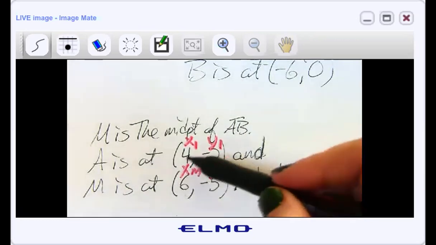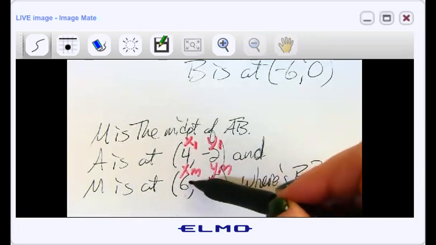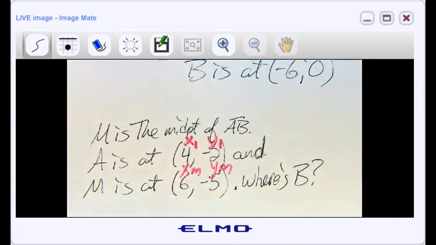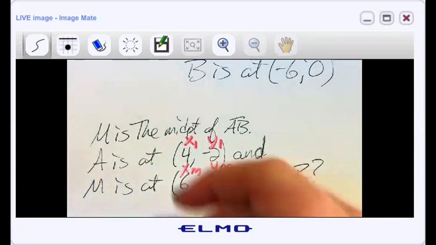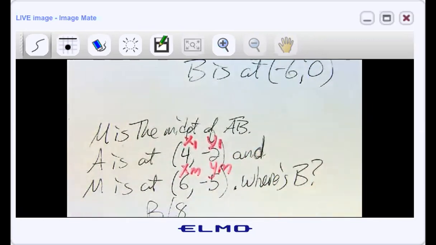I have to go from the endpoint 4 to the midpoint 6. To do that, I add 2. So to get to B, I have to add 2 more, and I get up to 8.